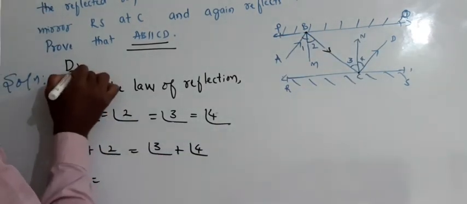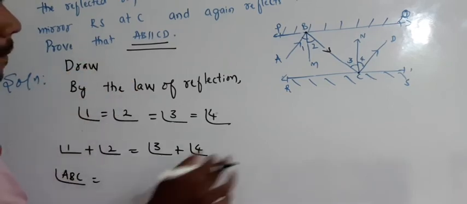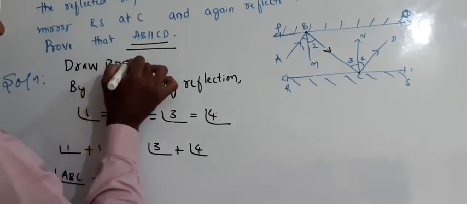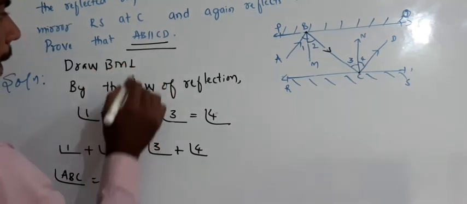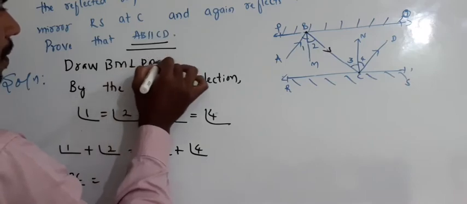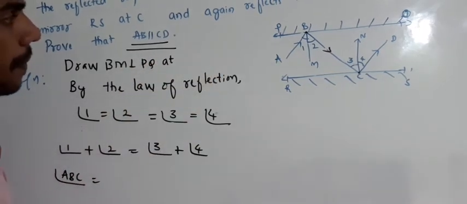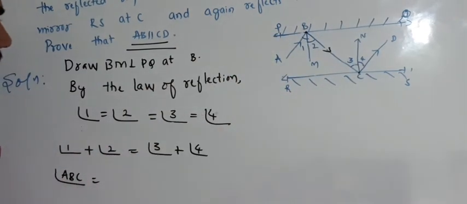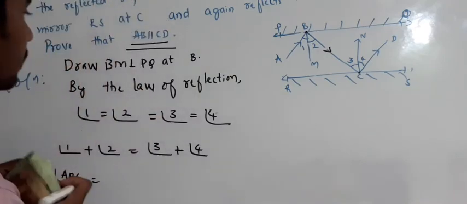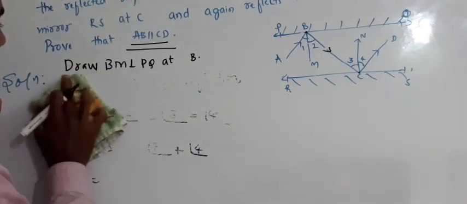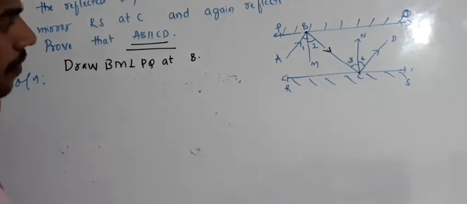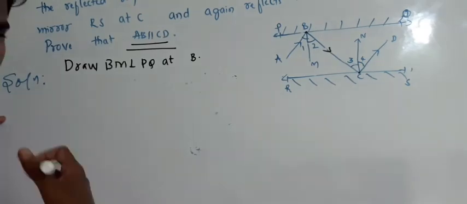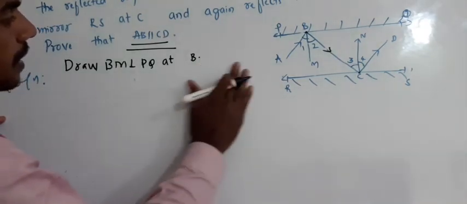I forgot to tell you: draw BM perpendicular to PQ at B. These two perpendiculars are not given, so we need to do it in the construction part.